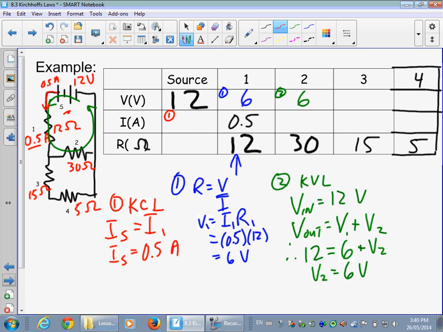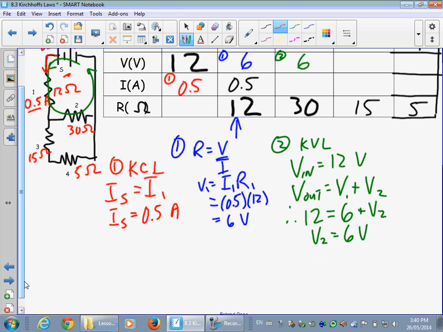So we'll call that another 1, because that could have been done first as well. Which means that we could have, as the second part, used Ohm's law again, R is equal to V over I. In this case, it's the resistance of the source, or in other words, the total resistance in the entire circuit, and we're going to get into this in more detail in the next lesson, is equal to the voltage across the source divided by the current through the source.